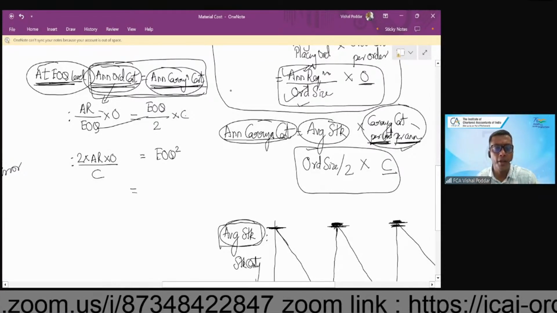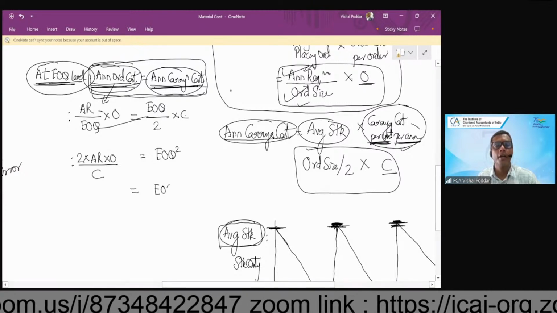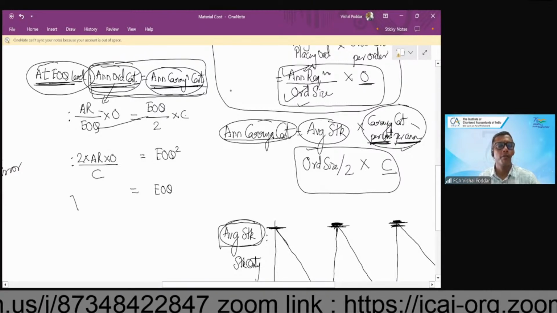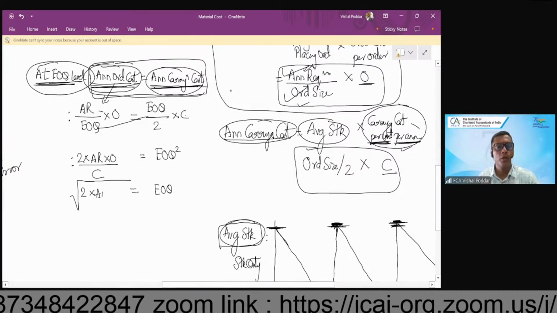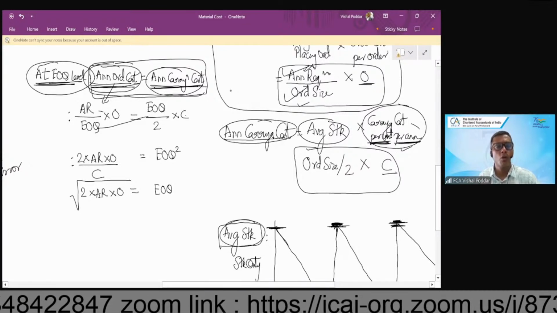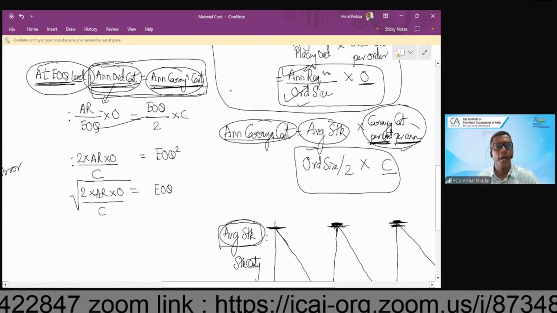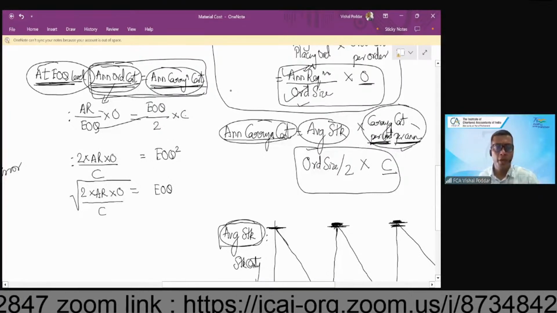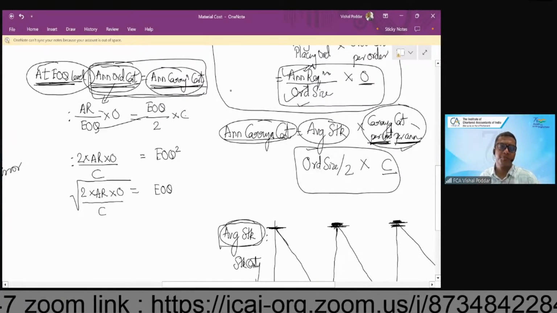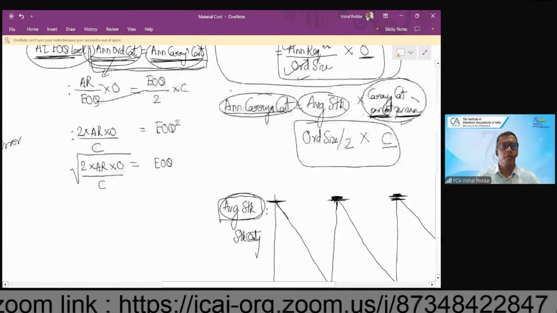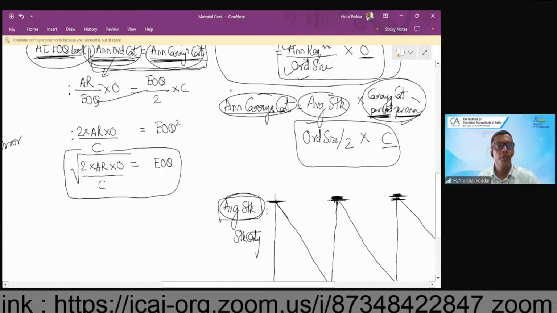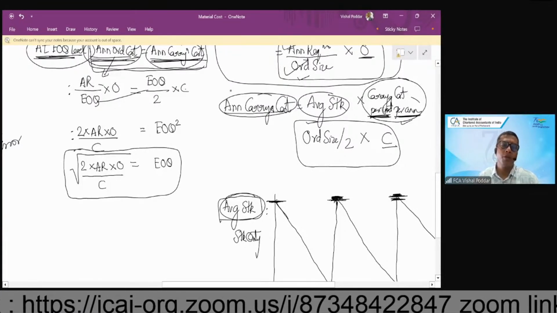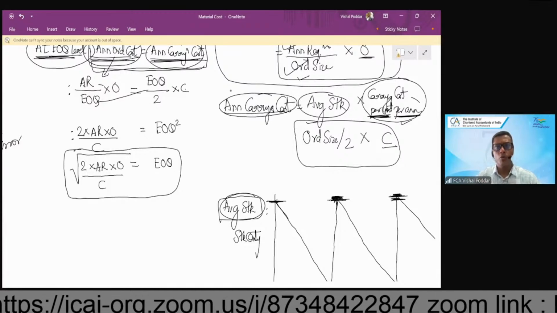And then finally, I get the final formula of EOQ, which is under root 2 into annual requirement into cost per order, that is O, upon carrying cost per unit per annum. So this is the final formula of EOQ, which we will be using to find out EOQ.